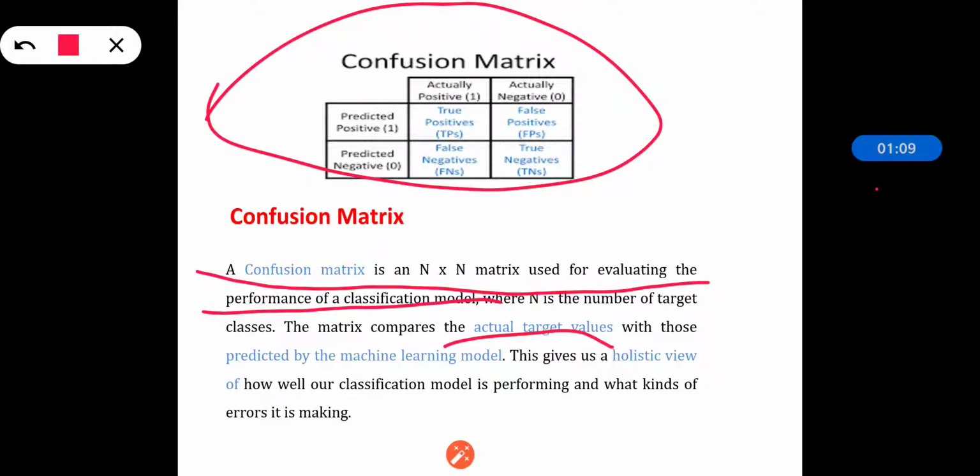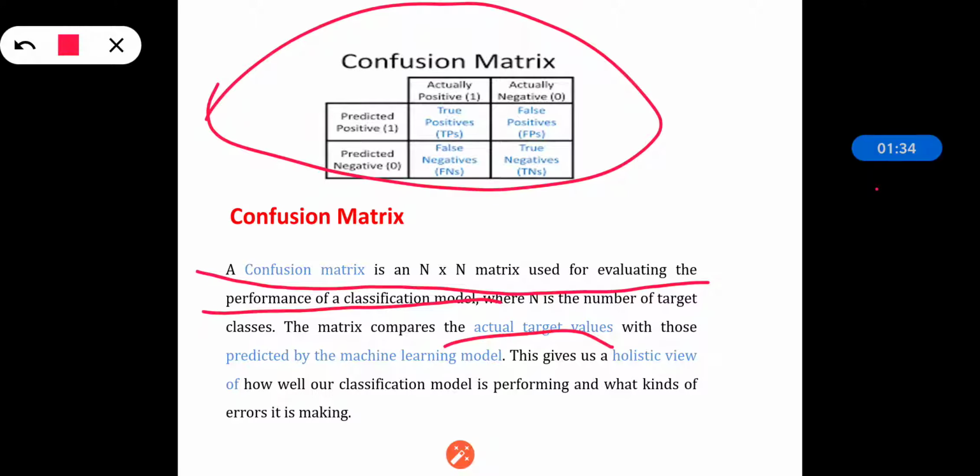Evaluation of the performance of a classification model is based on the counts of test records correctly and incorrectly predicted. Means whatever predictions have been done, how many records are correctly predicted and how many records are incorrectly predicted. So these counts are tabulated by using the matrix which is known as the confusion matrix.